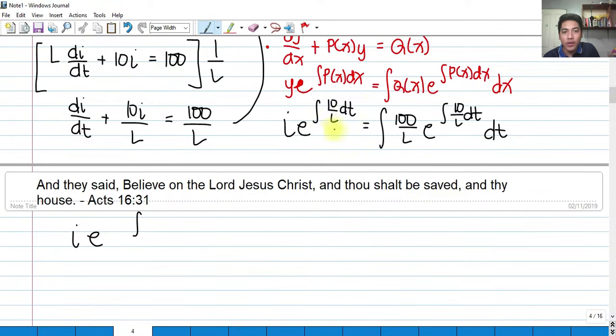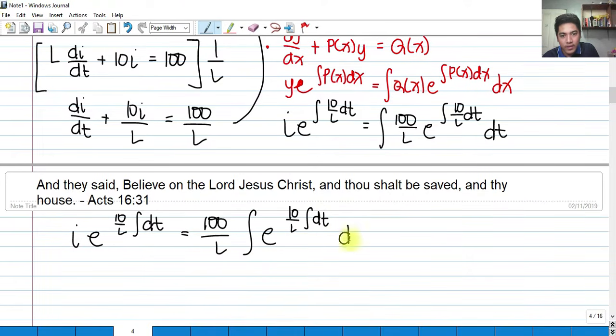So we can factor out 10 over L because we are integrating with respect to t, and this term has no term containing t. So I can factor that outside of the integral. So we have dt here, okay, equals 100 over L. I'm integrating with respect to dt, so I can factor out that outside of the integral, and we are left the same with this 10 over L integral of dt, and we have dt here.